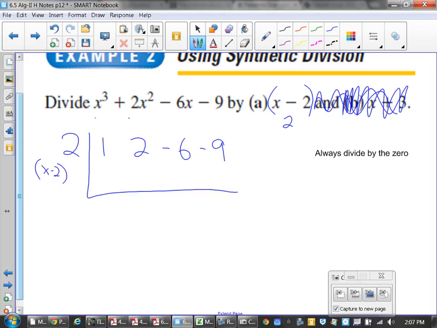You guys were good at this. This was easy. This made you happy. Drop that, multiply, add, multiply, add, multiply, add. Same thing we did before.